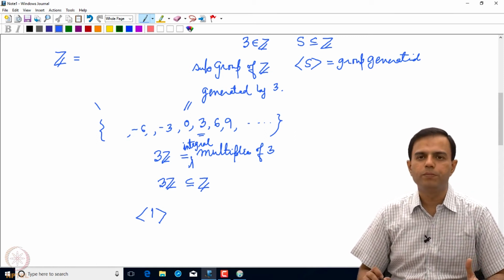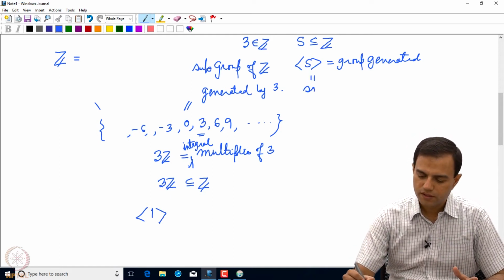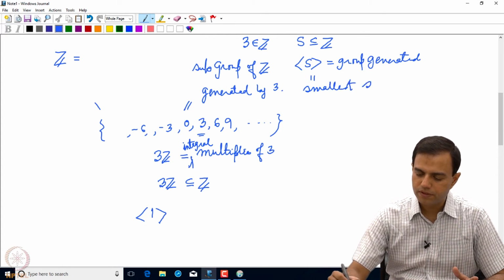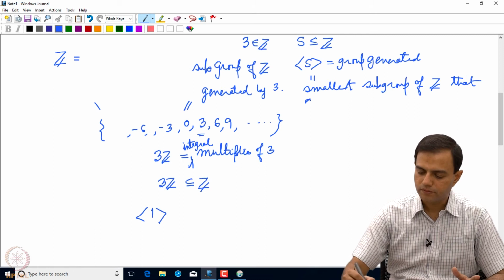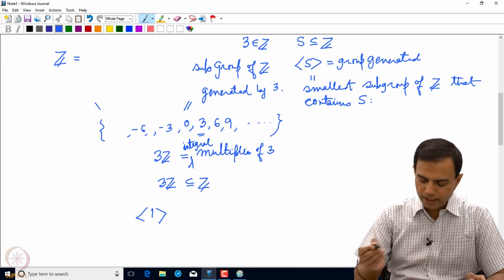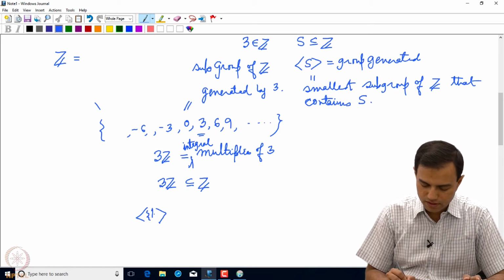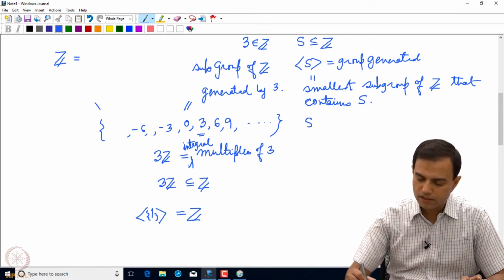The smallest group which contains S. So this is the smallest subgroup of Z that contains S. So if I take 1, then it is equal to Z. So 1 is a generating set of Z. However, I could have taken S to be say 2 and 3.